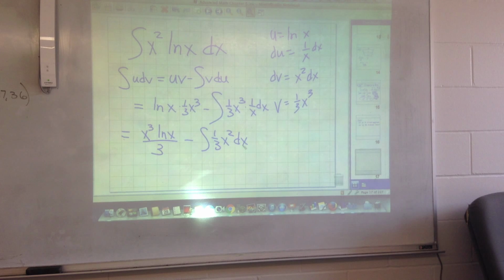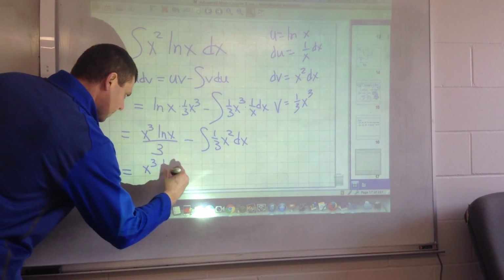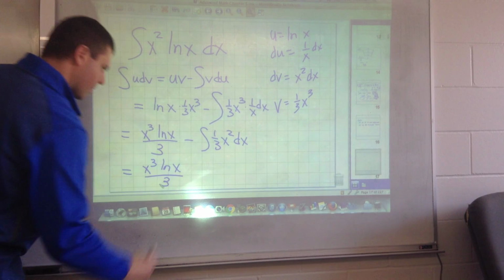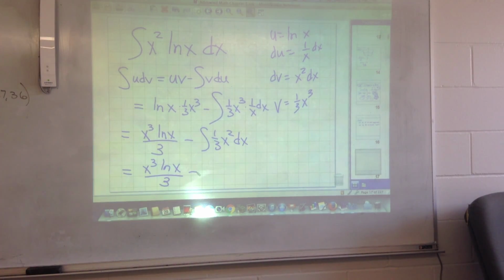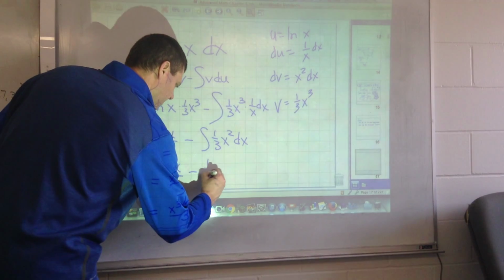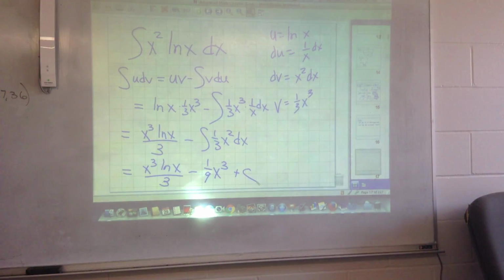Then the antiderivative is 1/9 x cubed. I believe that would do the trick.